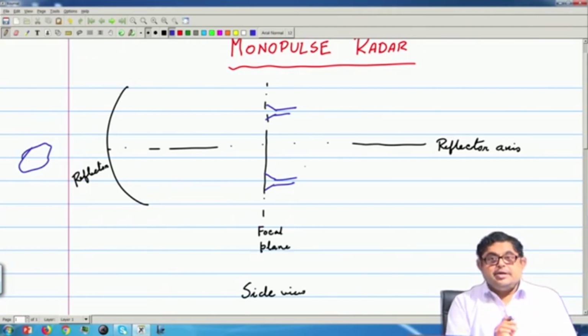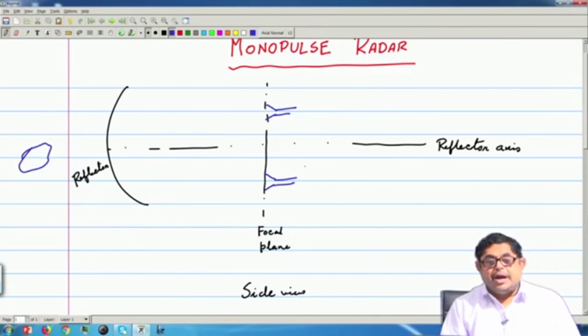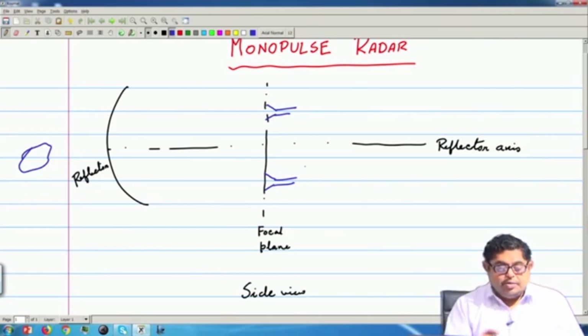But if the target is off axis, either up, down, left or right, then there will be a difference. By sensing it, we will be able to say that the target is not on the crossover axis, and in which direction, whether the target is up or down, or left or right, from the crossover axis.